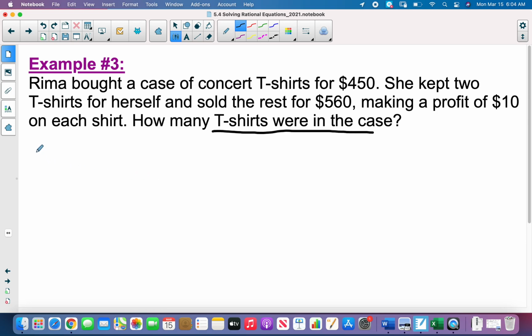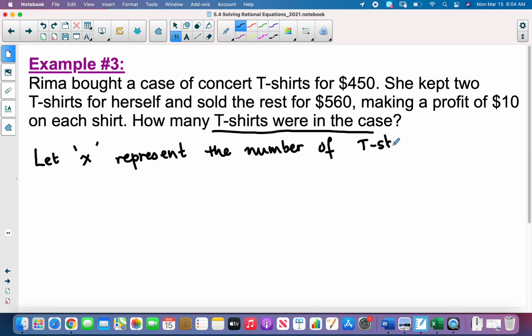Let x represent the number of t-shirts originally in the case. Okay, so she bought x t-shirts for $450. She kept 2 for herself and then she sold the rest and made a profit of $10 on each shirt.